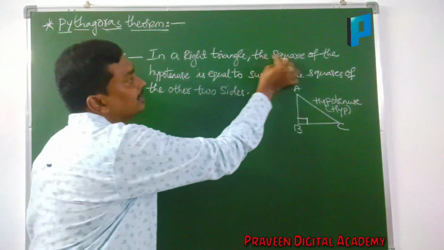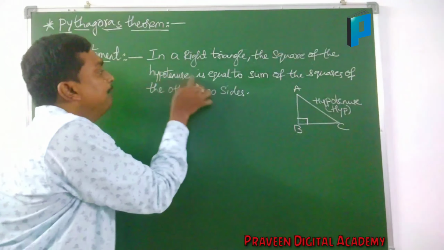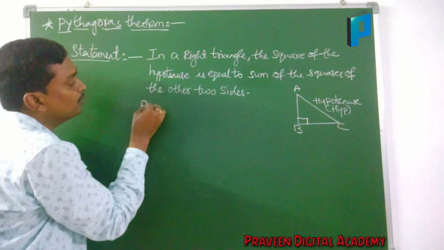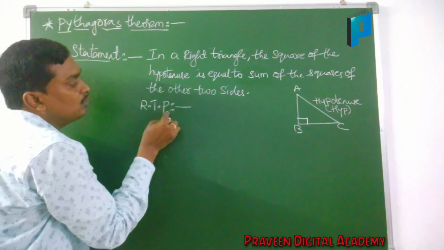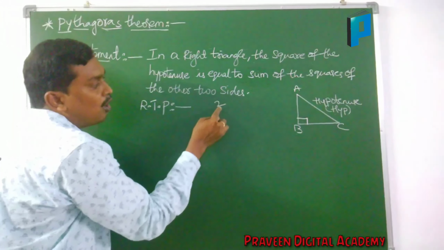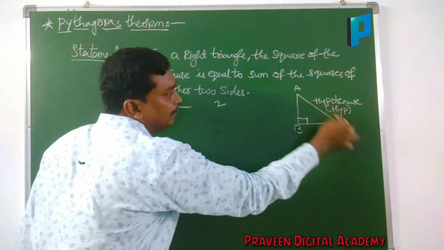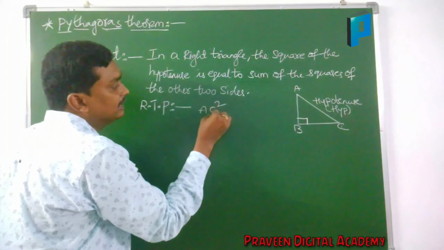And here, what we have to prove is RTP, required to prove: the square of the hypotenuse. What is the hypotenuse here? AC.